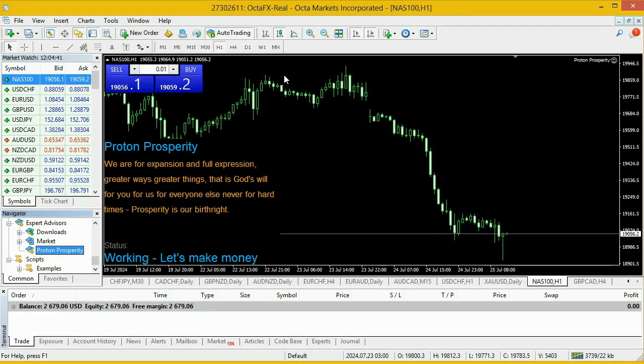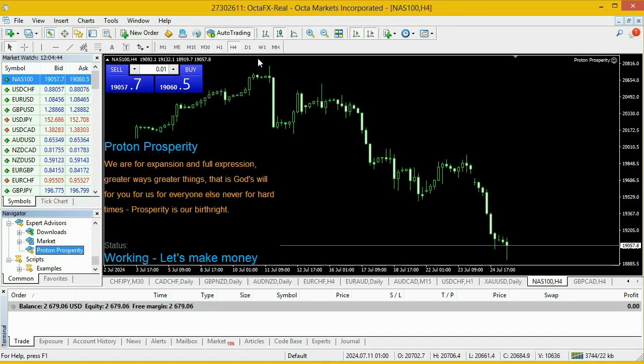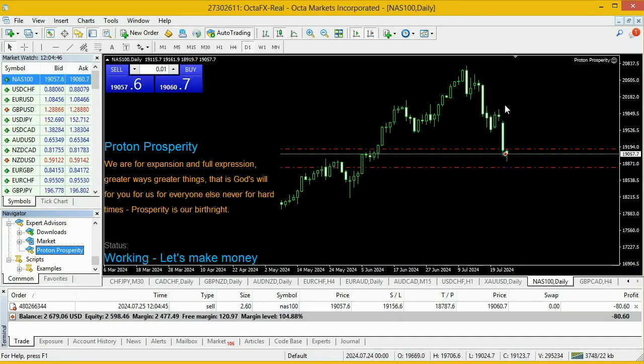The next trade is on Nasdaq. Sell position executed. Our stop loss, and take profit.